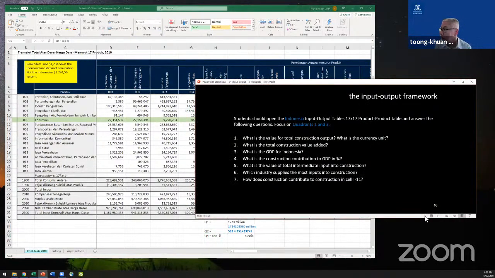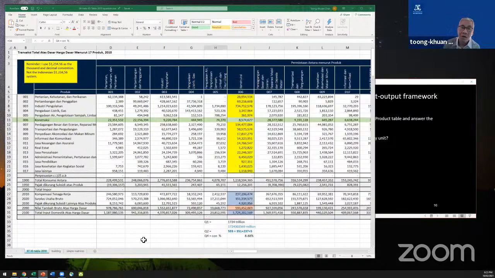What is the value of total intermediate inputs into construction? Total intermediate inputs. So what does the construction industry buy from other sectors? So that's question 5.